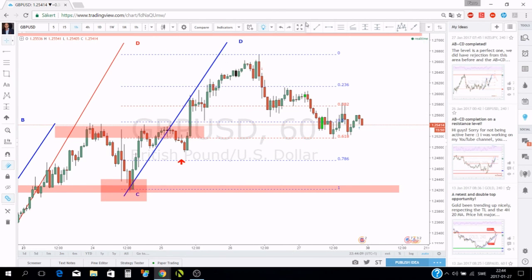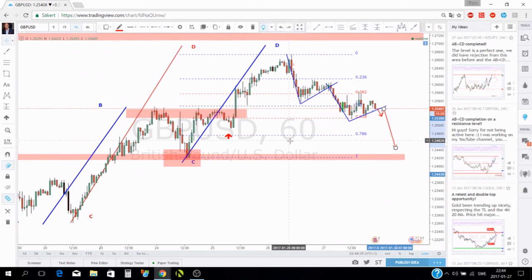In the TradingView update, I put this bearish flag here. Now it looks like we have another one ongoing, so there is a possibility that we break this flag here too, maybe retest, or just keep going down to retest this level here.